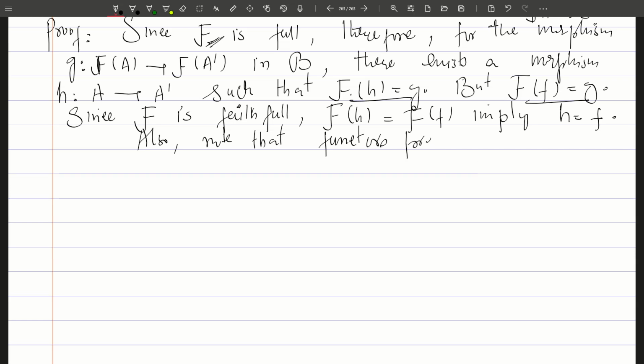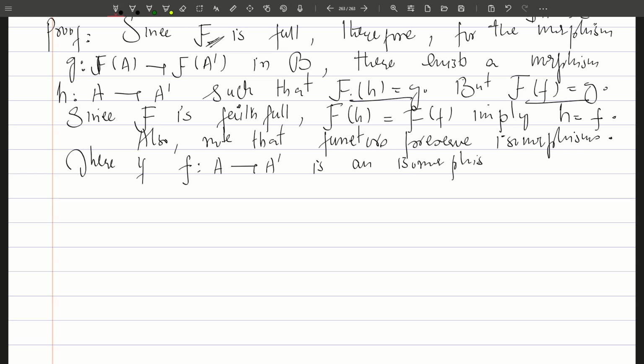Therefore, if this little f between objects A and A prime is an isomorphism in the category A, then the morphism F of f between the objects F of A and F of A prime is also an isomorphism.